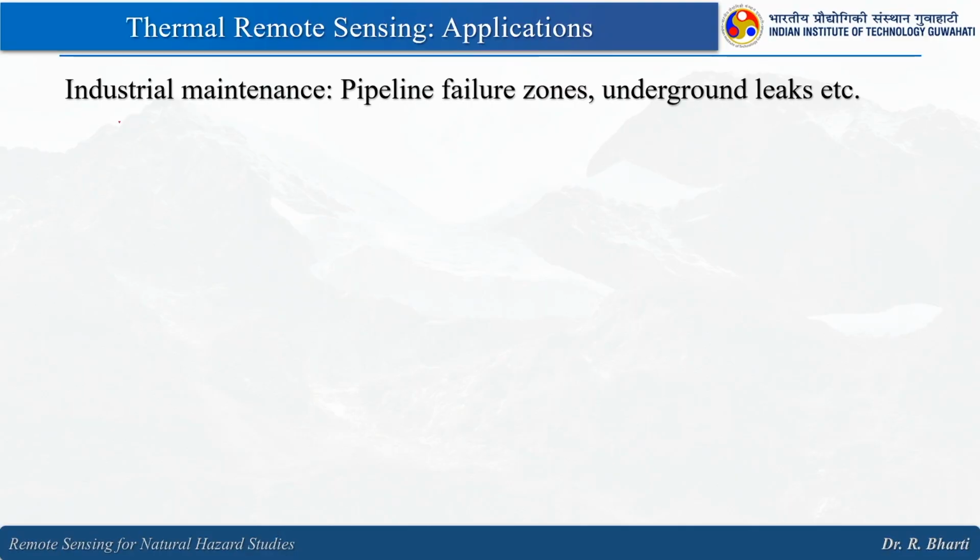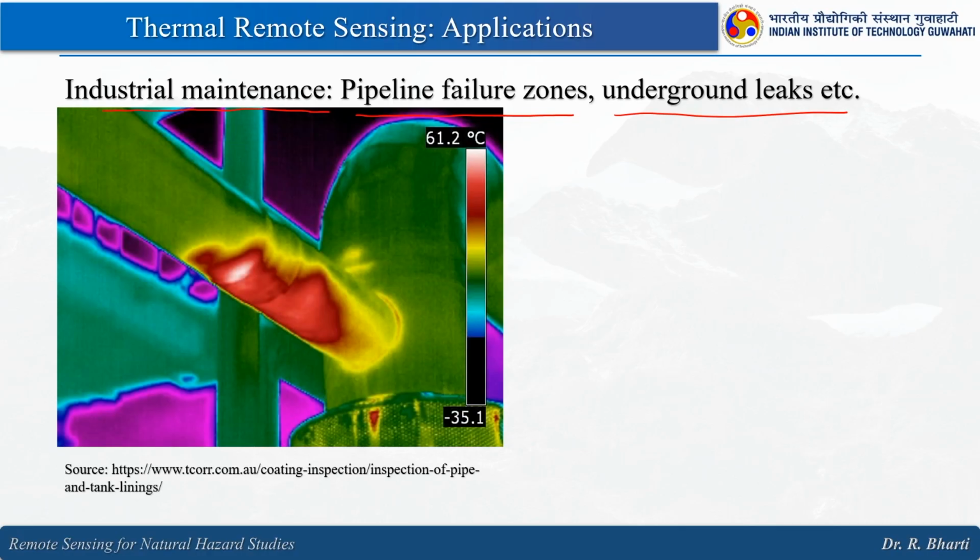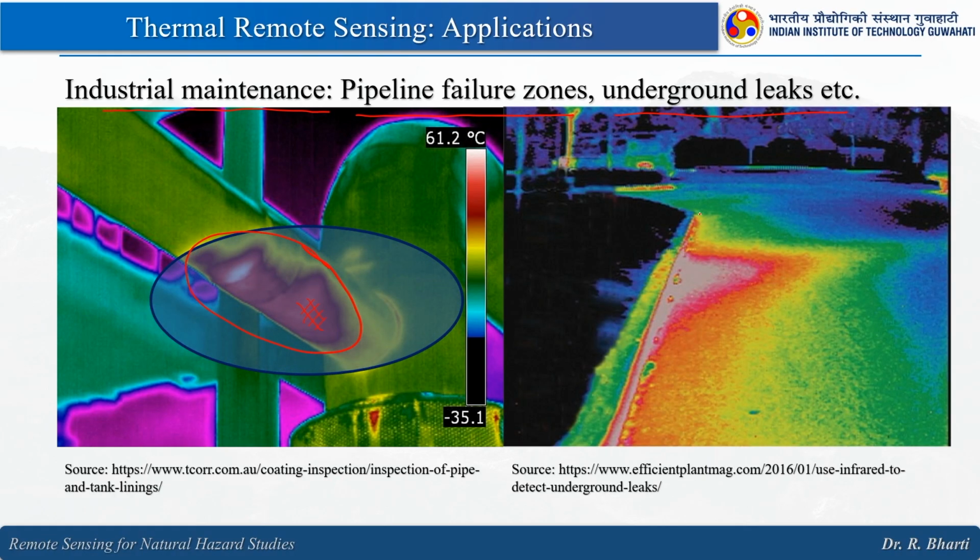Now, the application: industrial maintenance, pipeline failure zones or underground leaks can be easily identified using thermal remote sensing. You can see here that this particular section of the pipe is having different information about the temperature. So, there could be a leakage, right. Here you can see this underground pipe is leaking, and because of that this particular area is having a different thermal property, right.